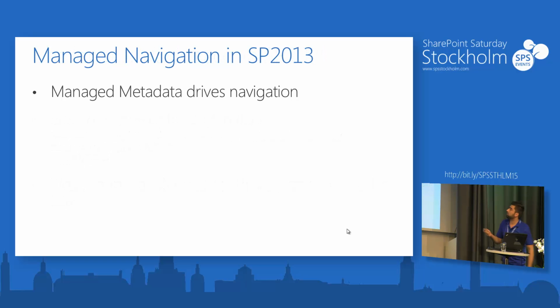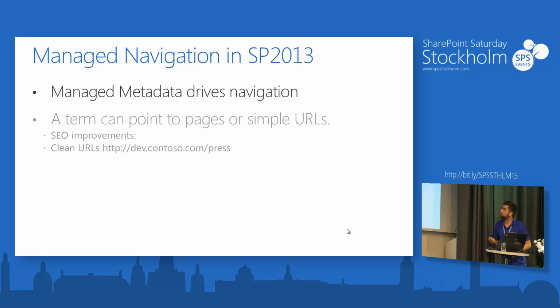But with managed navigation in 2013, you can drive your whole navigation with the help of managed metadata here. And the first thing you get is the simple URLs here. For example, dev.contoso.com/press. So you get cleaner URLs, no /default.aspx or whatever.